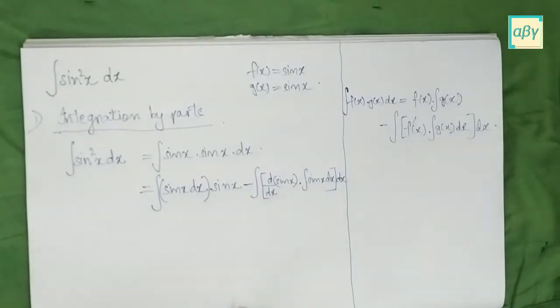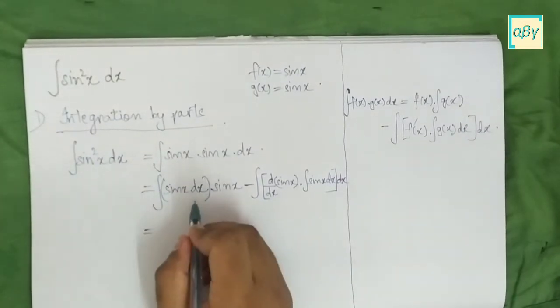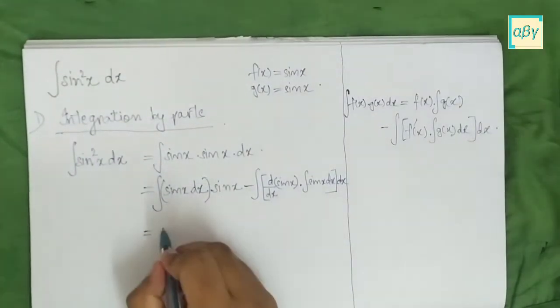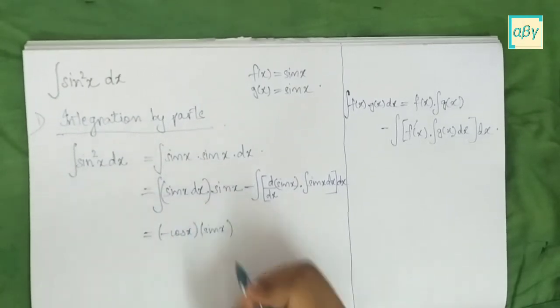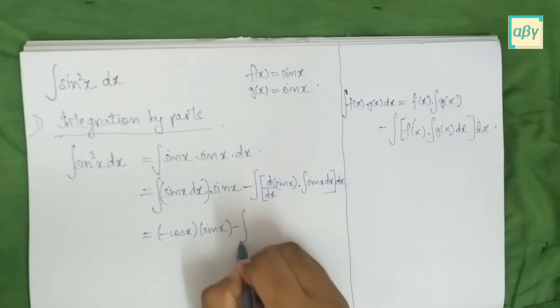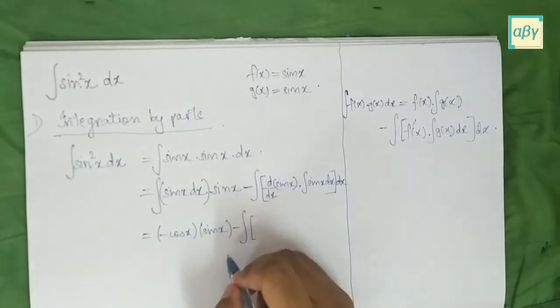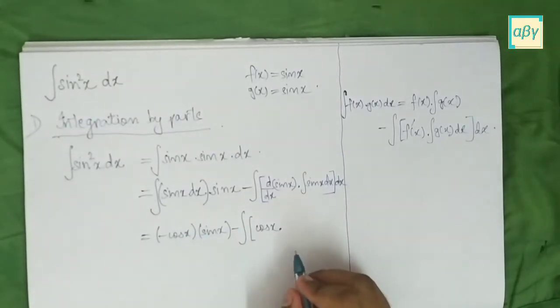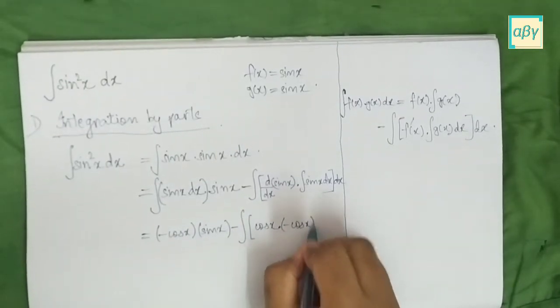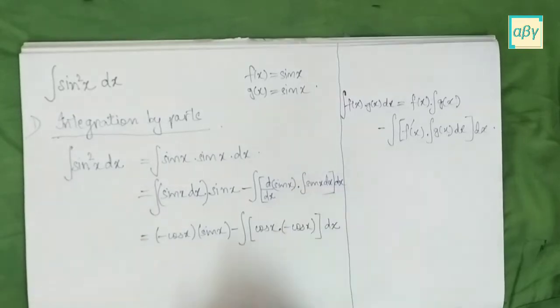So I have applied the formula. Now integration of sine of x is equals minus of cosine of x. So I can write this as minus of cosine x times sine of x minus integration of, now differentiation of sine of x is cosine of x. So it's into cosine of x into again integration of sine of x dx is equals minus of cosine x times dx. Let me simplify.